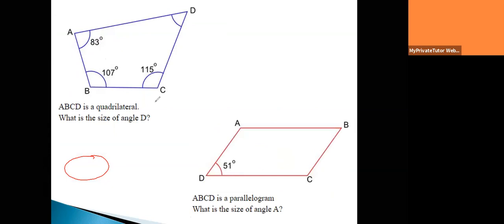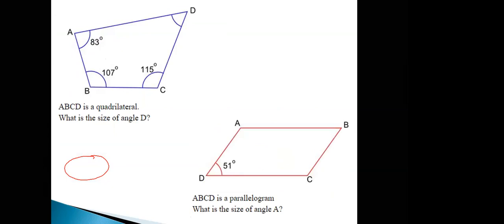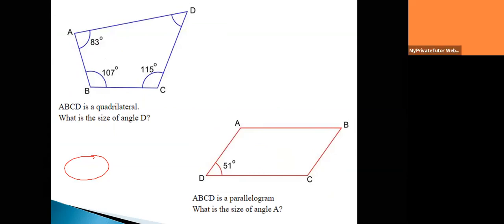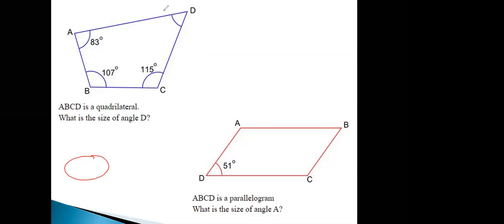Can you please tell me what the angle D is? What is the angle D here? I hope you guys know what to do. We know that the sum of all the angles adds up to 360, so you're going to find the missing one. Amira, do you know how to solve that? Just add all the angles.